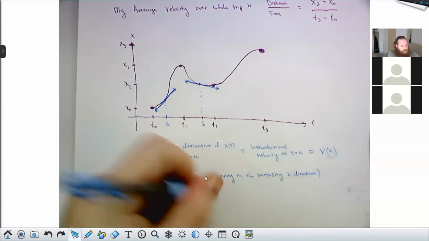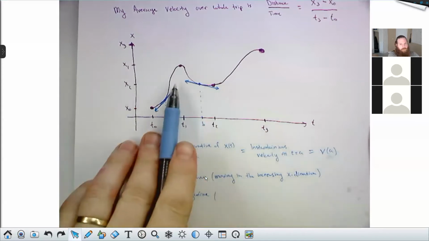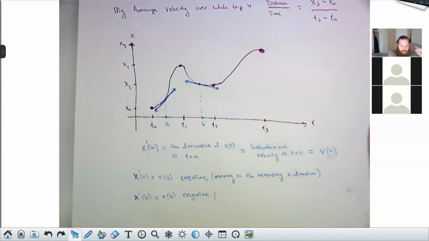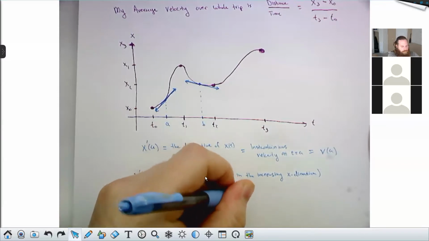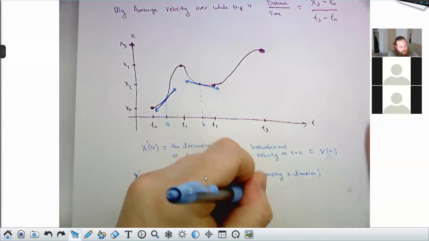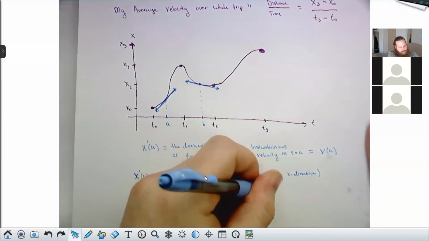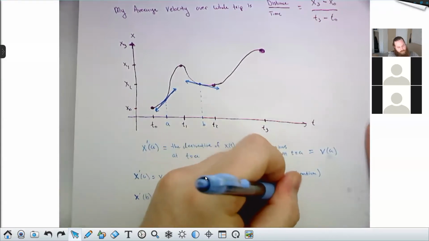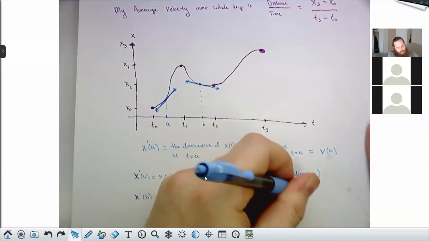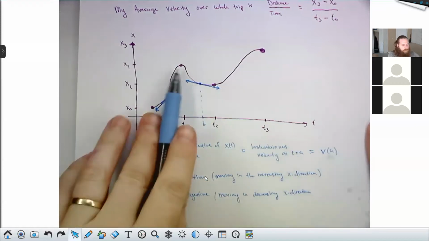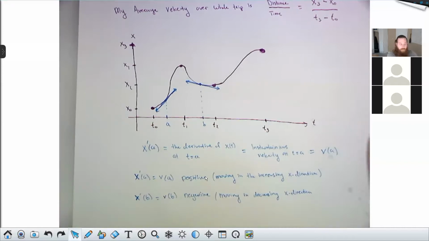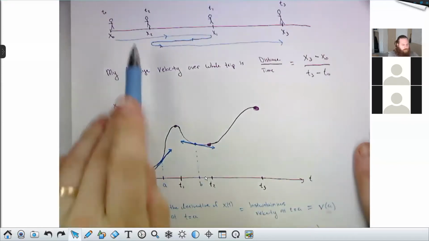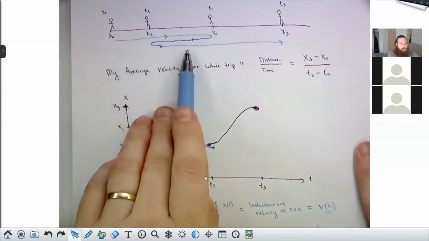And the fact that my tangent line here has negative slope, or that my velocity is negative, means I'm moving in the negative or decreasing x direction. And these turning points on the graph, these are places where I turn around. Those correspond to me changing direction.